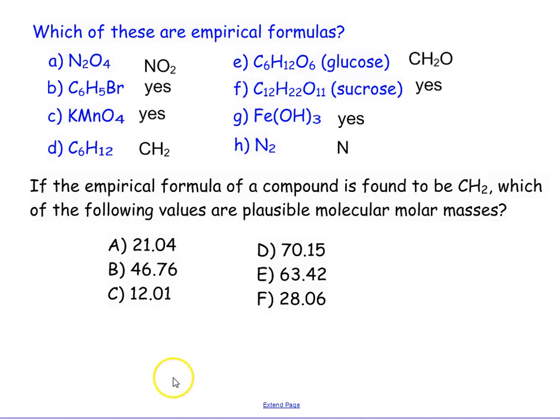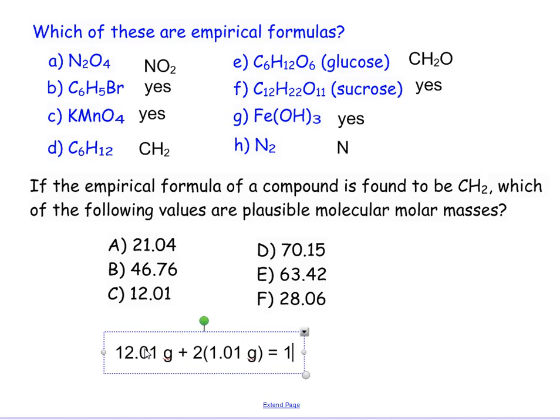Okay, have you figured it out? One of the things you should have seen is that the molar mass of CH2 is 12.01 plus 2 times 1.01. So that's 14.03 grams. So any number in here that is a multiple of 14.03 grams will work.